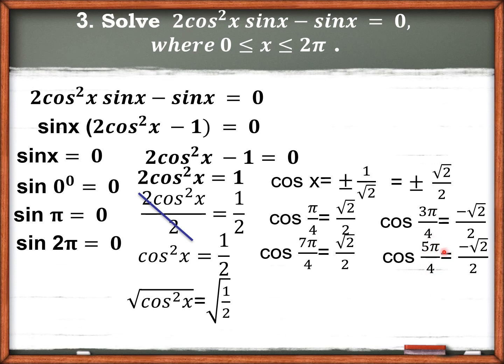This angle will also give your cosine a negative square root of 2 over 2 value.